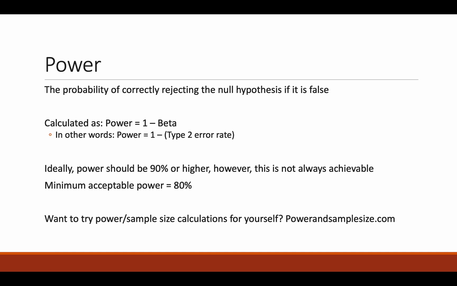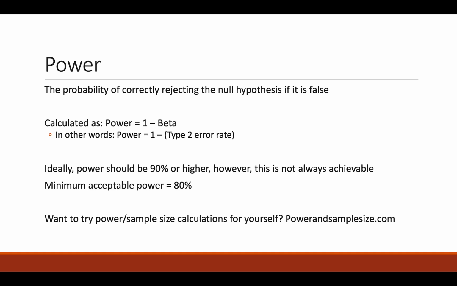However, this is not always achievable because many things impact power. Things like the alpha value, the effect size, how common the outcome is in your population. Ideally, power is above 90%, but at the very minimum, it should be 80%, which means at the very maximum, your type 2 error rate should be 20%, whereas your type 1 is closer to 5%.